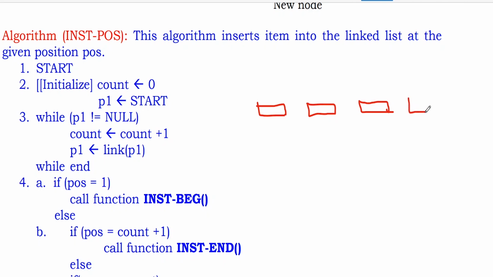We'll take this as an example where we have 4 nodes.